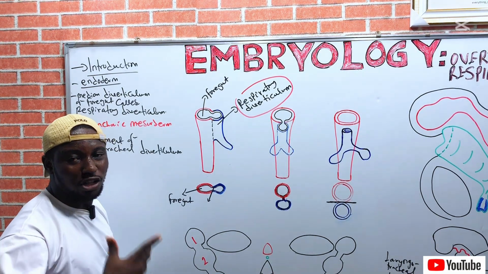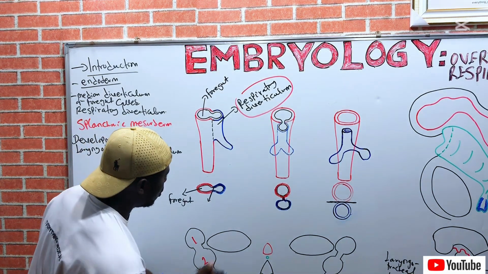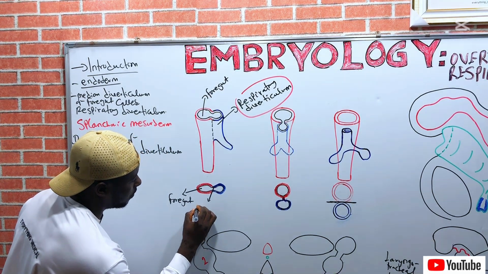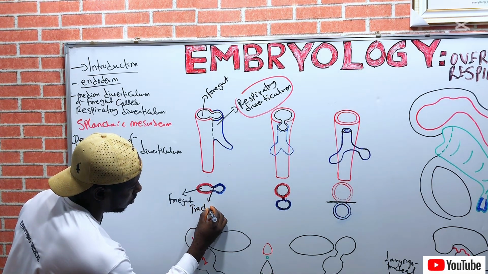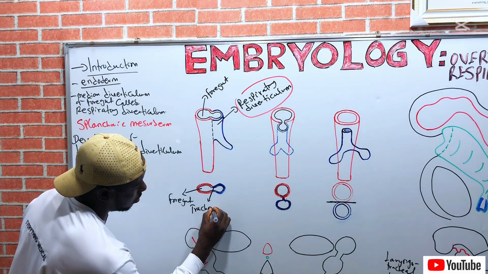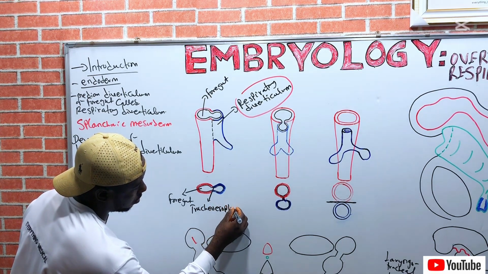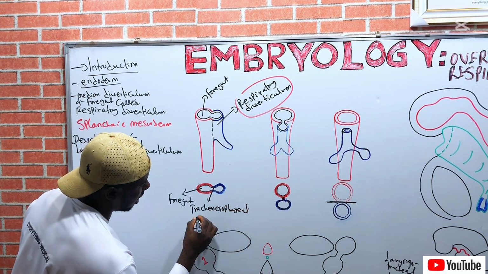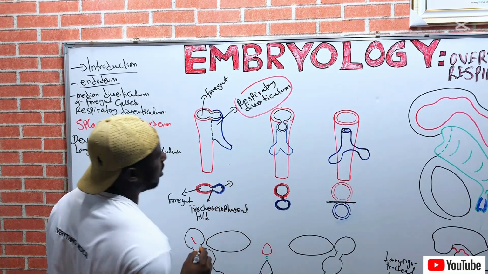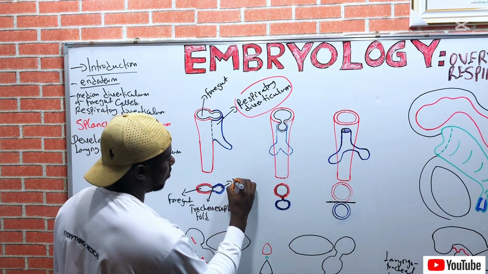As we proceed, you get to know that better. So this is what we call the tracheoesophageal fold. This remains the respiratory diverticulum.